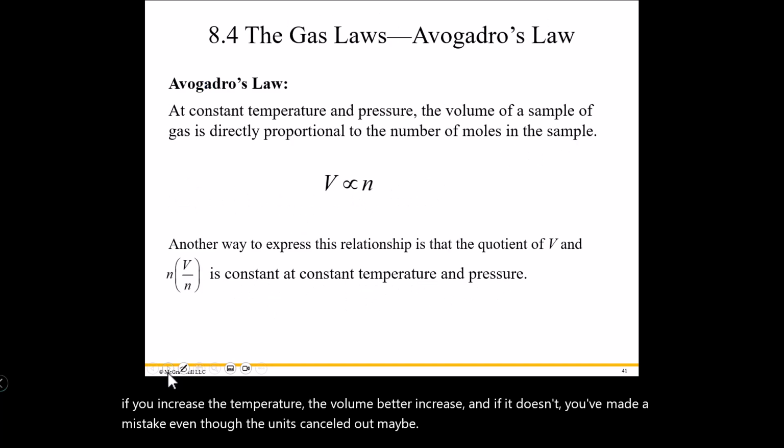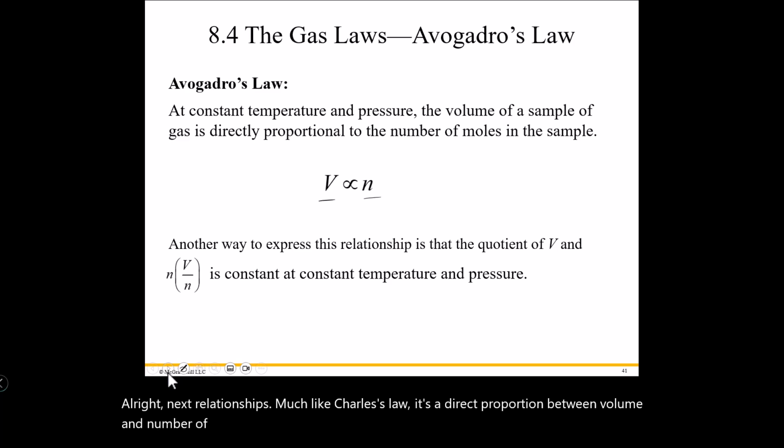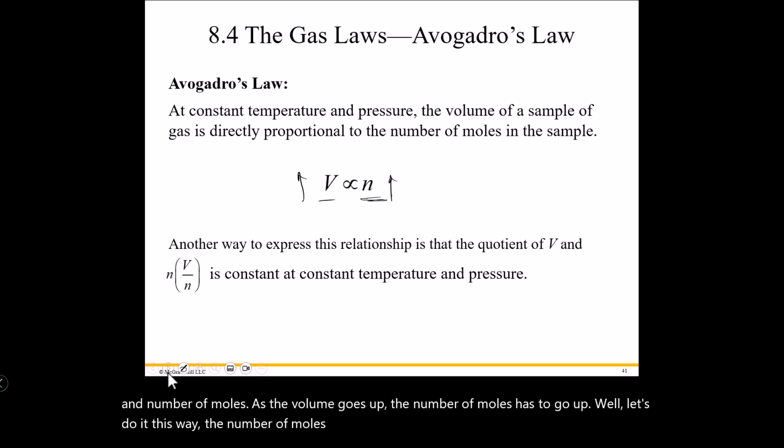All right, the next relationship is much like Charles's law. It's a direct proportion between volume and number of moles. As the number of moles goes up, the volume has to go up if you want to keep the temperature and pressure the same.